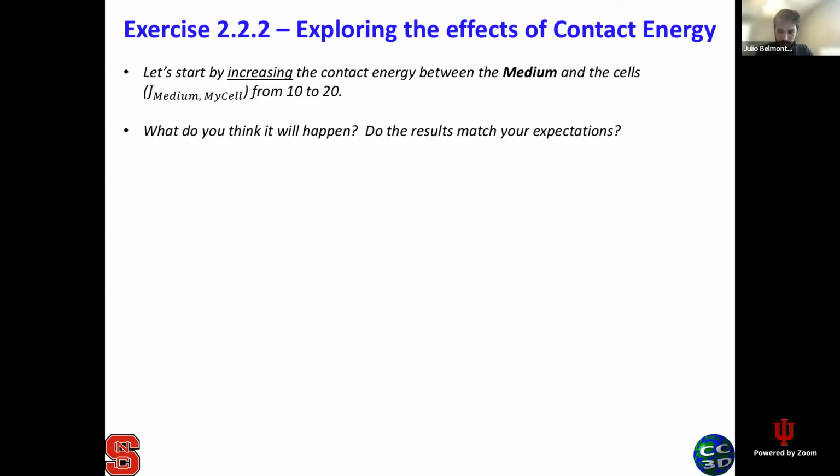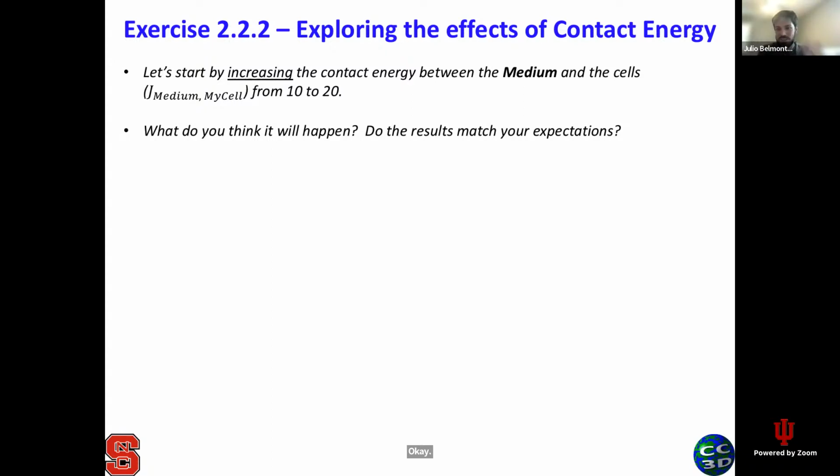Okay, Julio said he thinks the cells become rounded faster. If possible, write your expectations in the chat, and then run the simulation. So first think about what should happen, and then run the simulation. Ah, very good, Sharon.